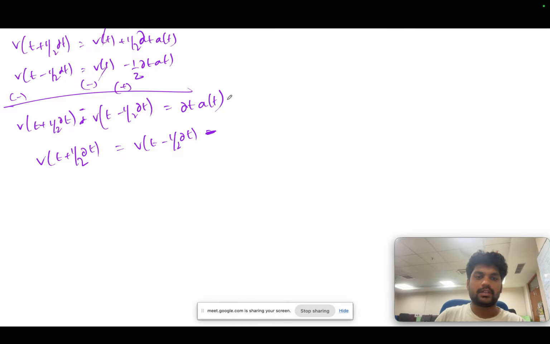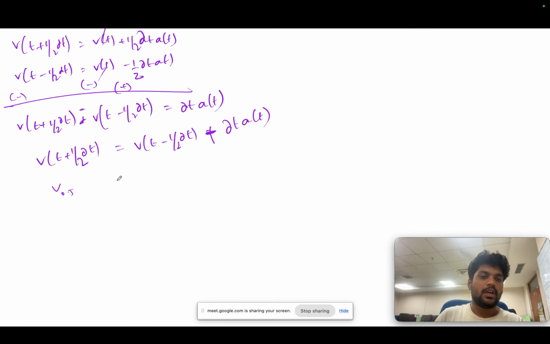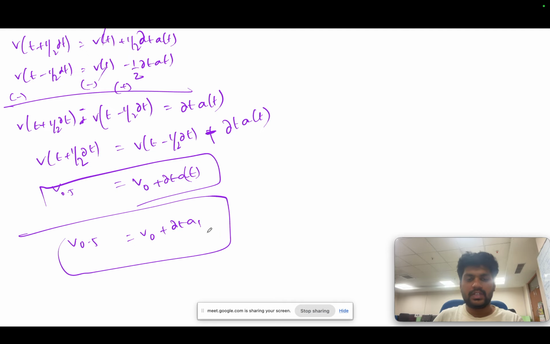So it is minus, right, so it will be plus. It means if you want to know the v at 0.5 seconds, we need to get the v at 0th plus the change in time times a. So it's like v 0.5 equals v 0 plus half dt of a1. So the dt will be 1 here.